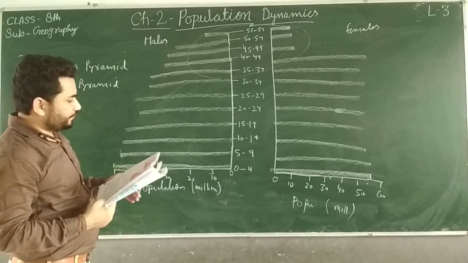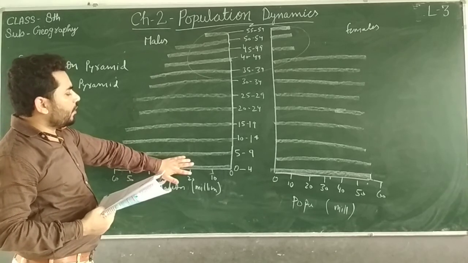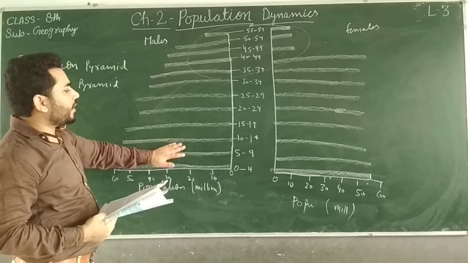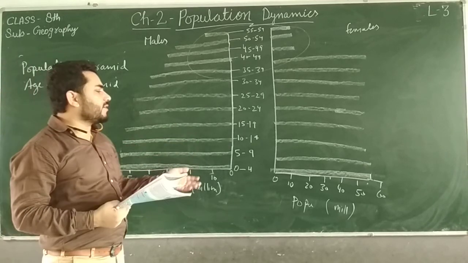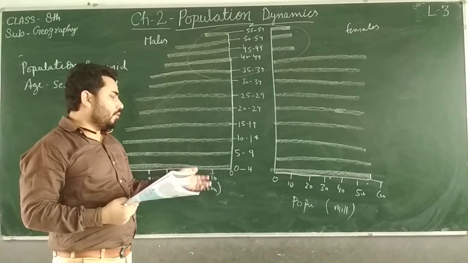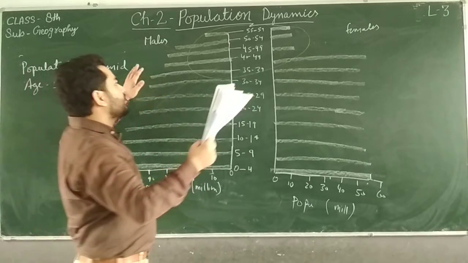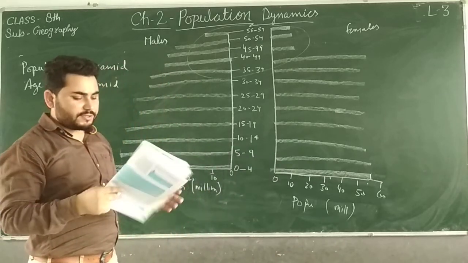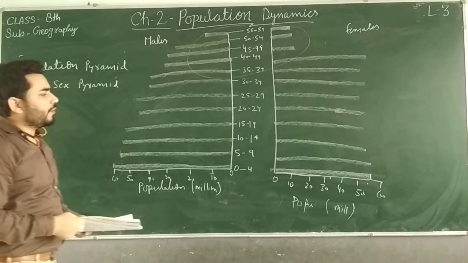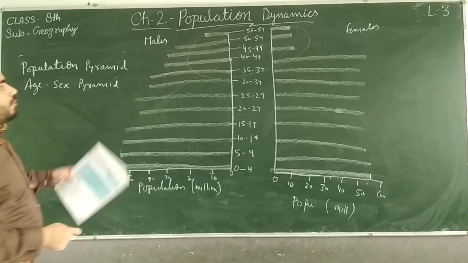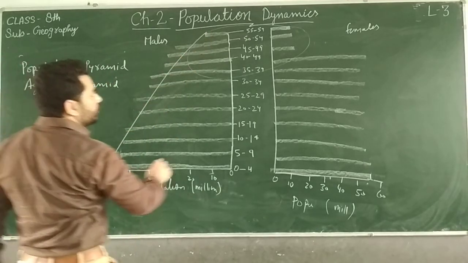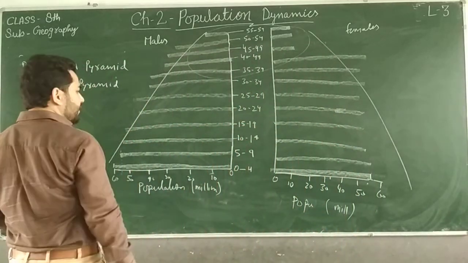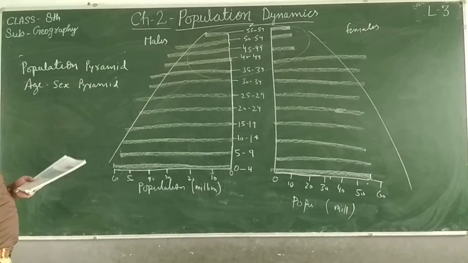At places where the bottom of the pyramid is narrow, not broad, the birth rate is lower. And if it is broader from the top, it means the death rate is higher. These things we can conclude from the population pyramid, so it takes the form of a pyramid, like this.